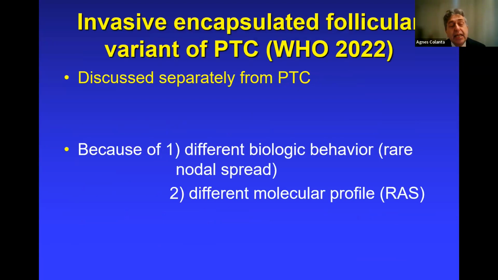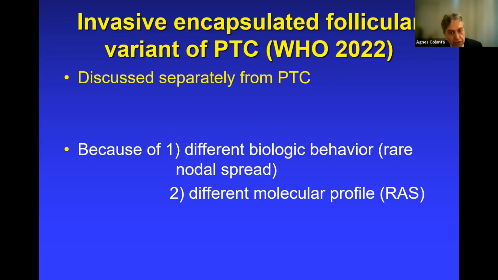So in addition to the changes related to NIFTP, based on all the studies I showed you, it's clear that encapsulated follicular variant with invasion is different from papillary carcinoma because it has a different biologic behavior, rare nodal spread, if any, and a different molecular profile, RAS. Really, it behaves like a follicular carcinoma. We didn't change the name to follicular carcinoma, but at least we started to separate it and put it as a separate entity from papillary carcinoma.